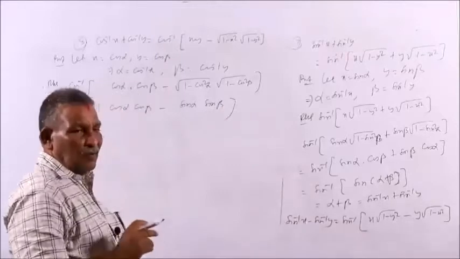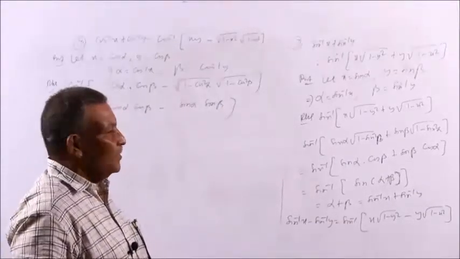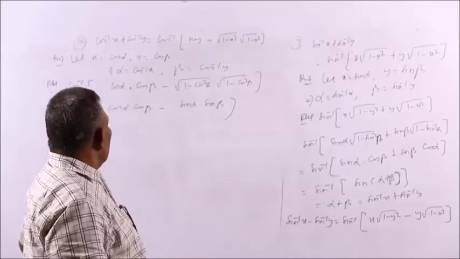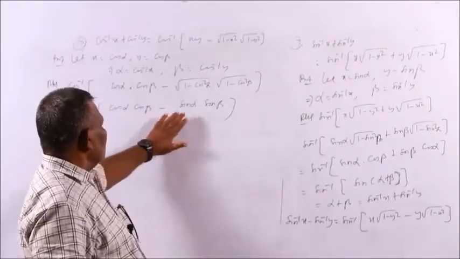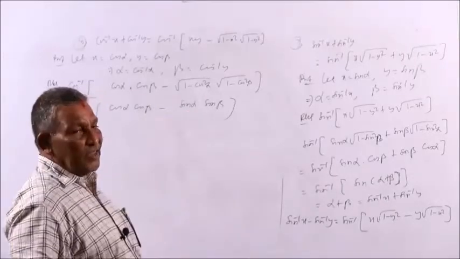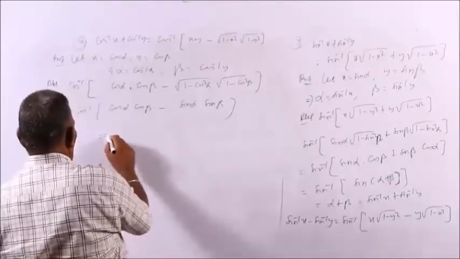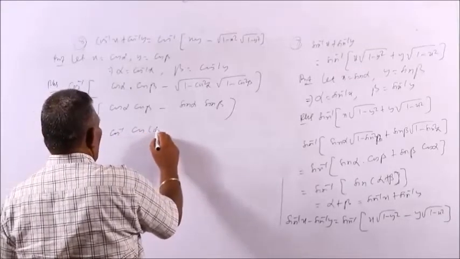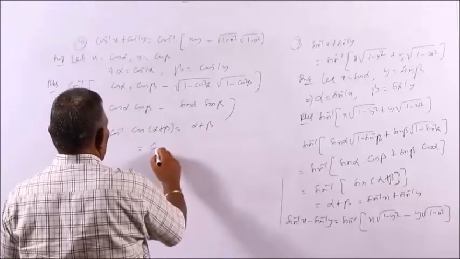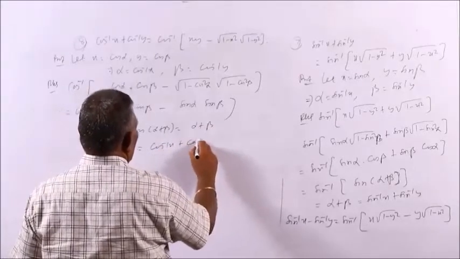You have remembered the formula 1 minus cos square alpha equals sin square alpha and 1 minus cos square beta equals sin square beta, that is cos alpha cos beta minus sin alpha sin beta. This will give rise to the formula cos a plus b, that is cos inverse cos alpha plus beta, that is alpha plus beta, that is cos inverse x plus cos inverse y.